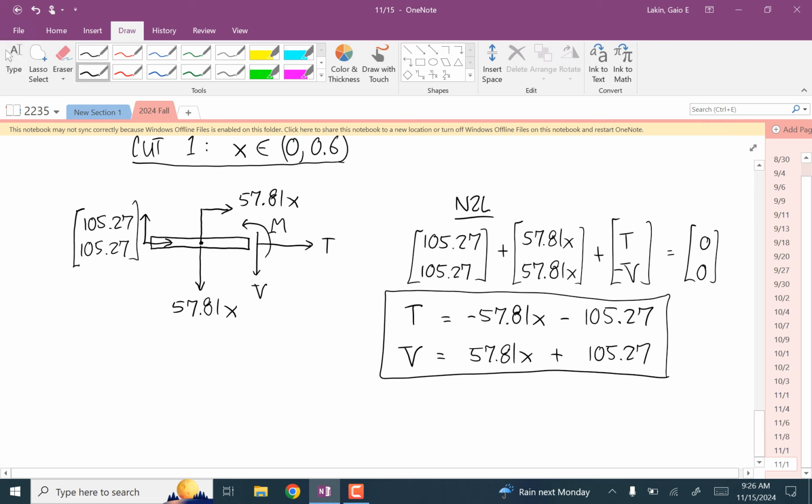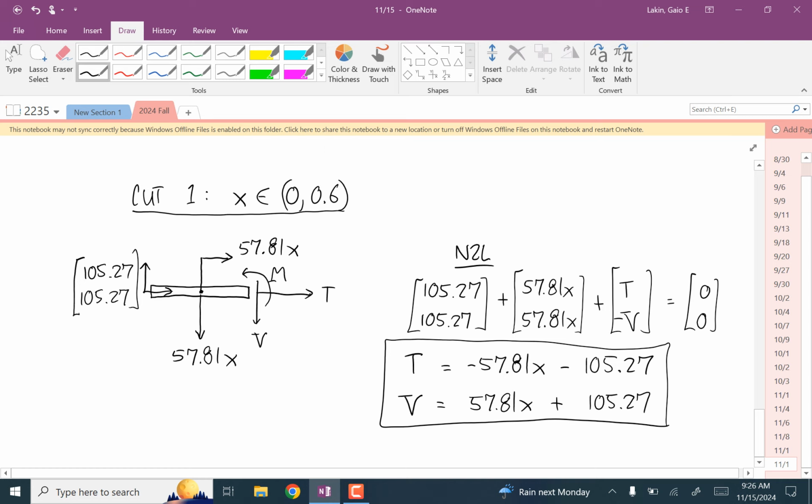Okay, so you can see that as you get closer to the midpoint of this beam, the magnitudes of the internal tension and the internal shear force are getting bigger. You can also see from this tension expression that all values are going to be negative, which means that this has an internal compression instead of an internal tension.